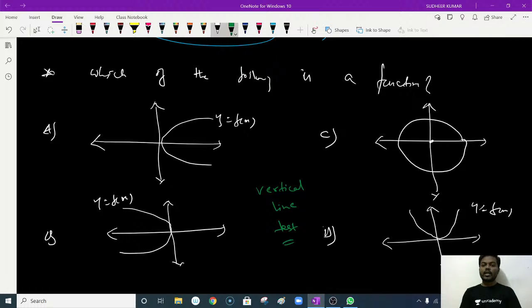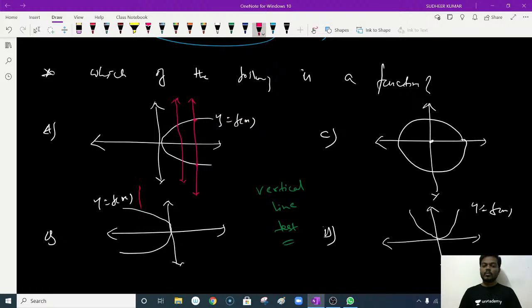If you draw a vertical line, or a line parallel to y-axis, and the line intersects at more than one point, it's not a function. So if you draw any parallel line in this domain, it is intersecting at more than one point. At least one condition is failed, so we will say that it is not a function.